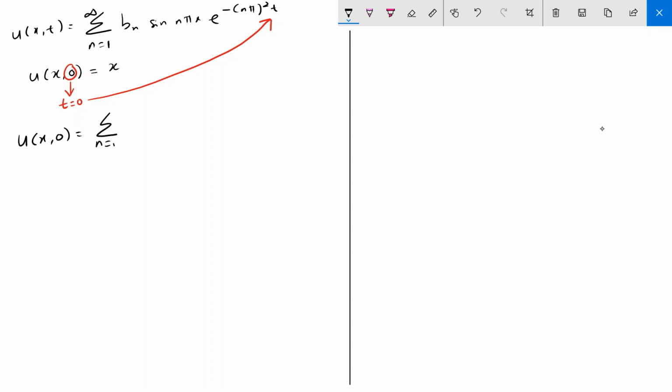Therefore the series becomes the sum of bn sine(n pi x), and this is equal to x. Where do you get this x? This is from the initial condition that says u(x,0) is equal to x.